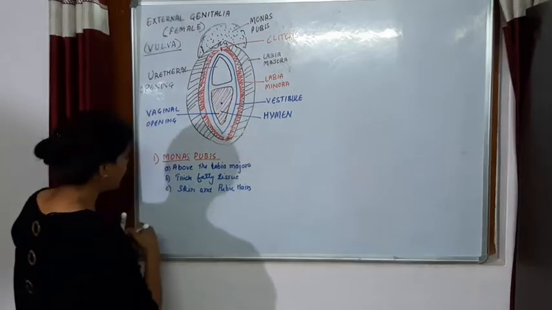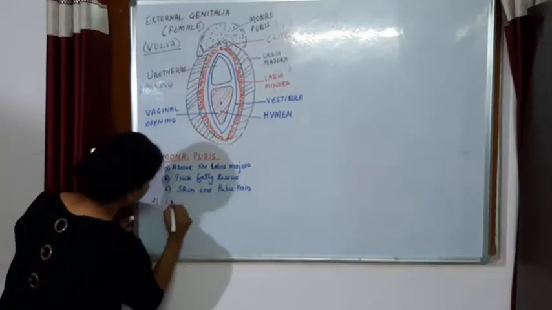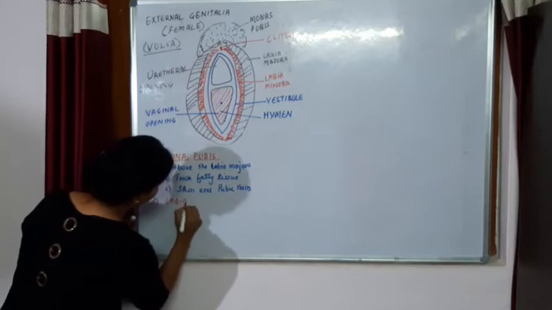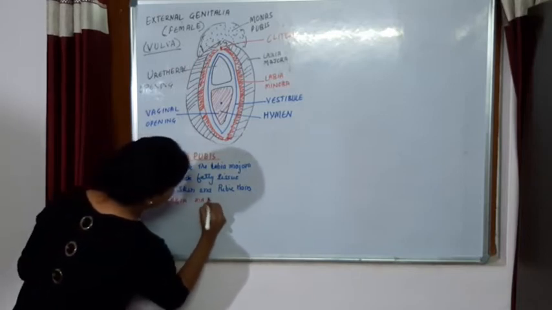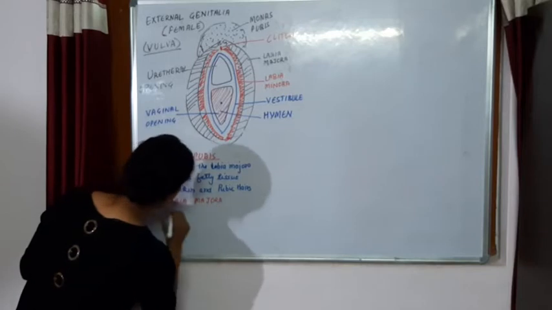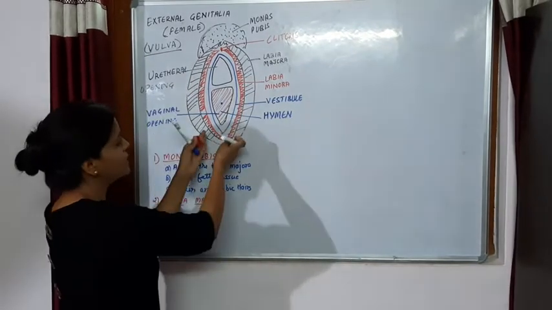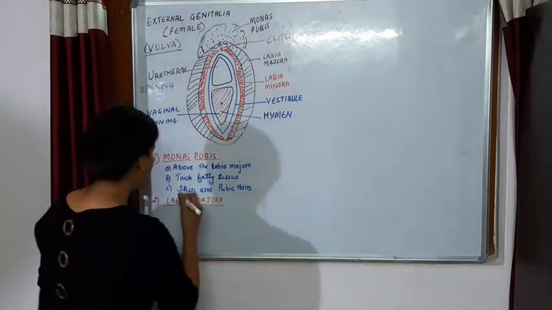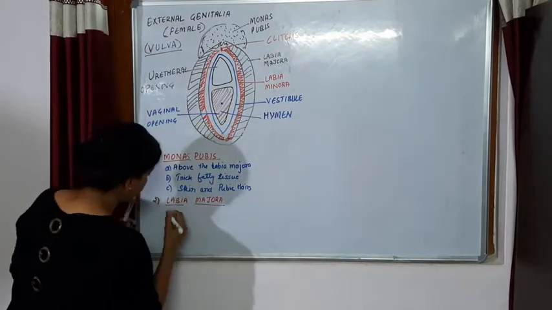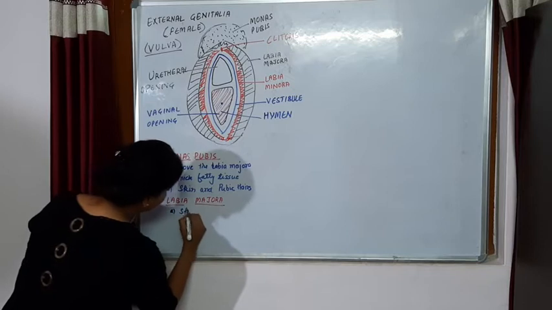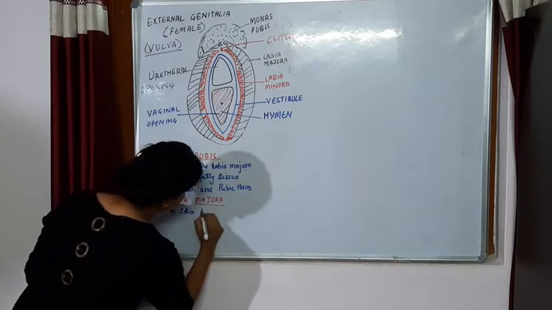Then the second part is the labia majora. And you know why the nomenclature is this? Just due to the shape, similar to these skin folds. The first point is, these are skin folds.